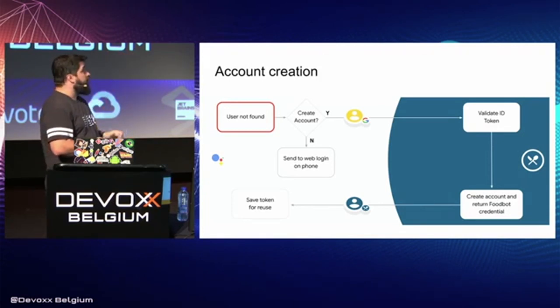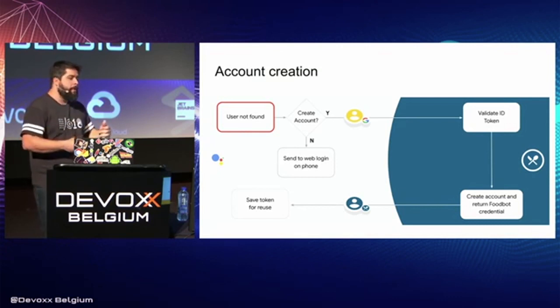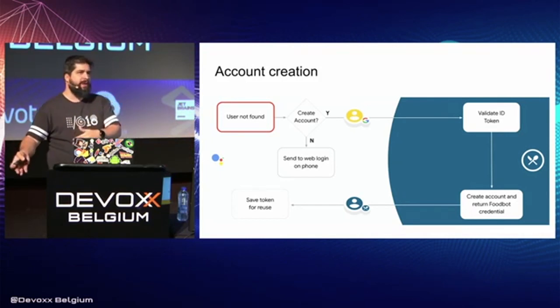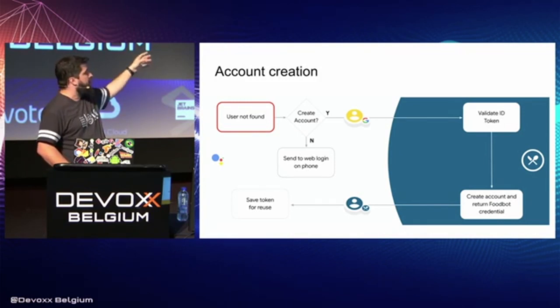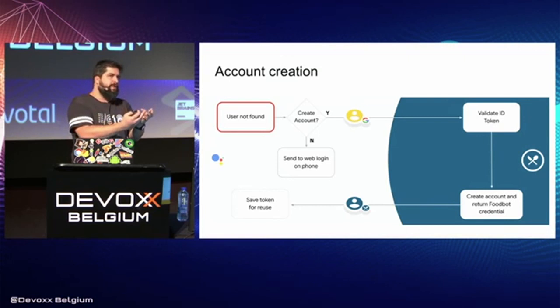Or if you don't allow us to create the account for you, for example, you need to ask the user to read the terms of service, or you need them to agree with something specifically, you can send the user to a web page and do the login there. And the assistant will handle this flow for you.